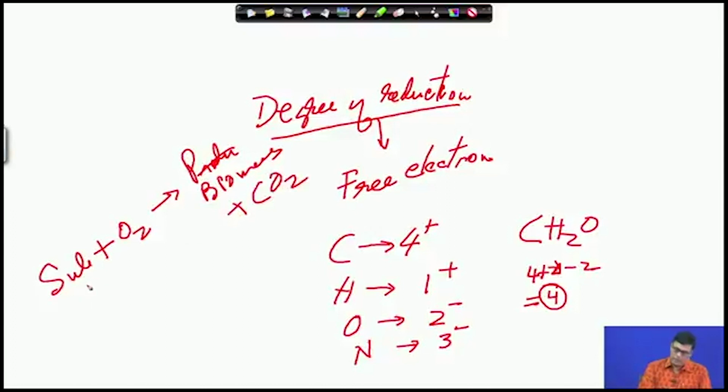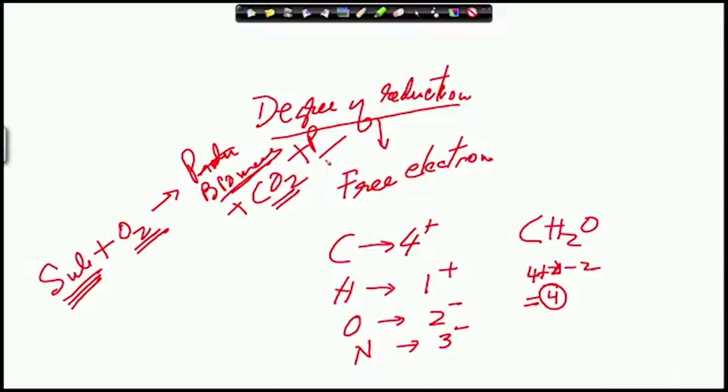We can write the balance equation: how much free electron is present in the substrate, in the oxygen molecules, in the biomass. If some product is there, then you find out how much free electron it has. I shall show you how you can do that.